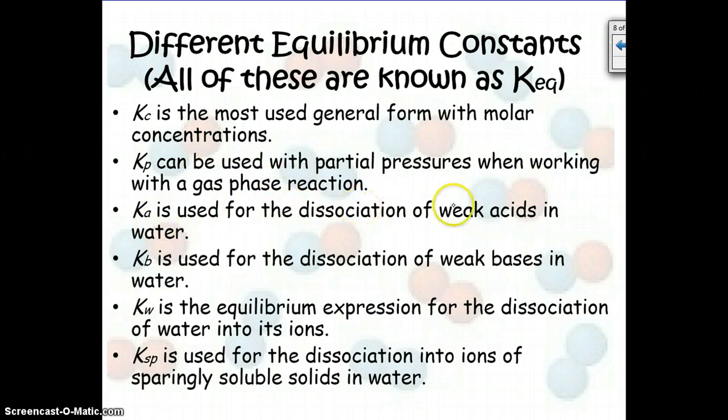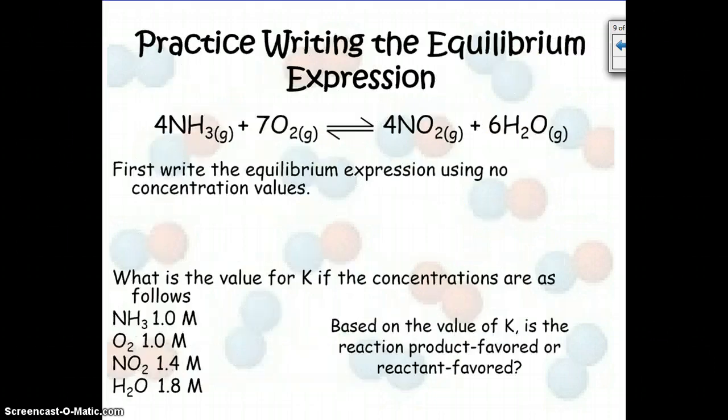Ka is the dissociation of weak acids in water. Kb is the dissociation of weak bases in water. Kw is the expression for the dissociation of water into ions, and Ksp is used for the dissociation of ions into water. So we're talking about aqueous solids at that point.